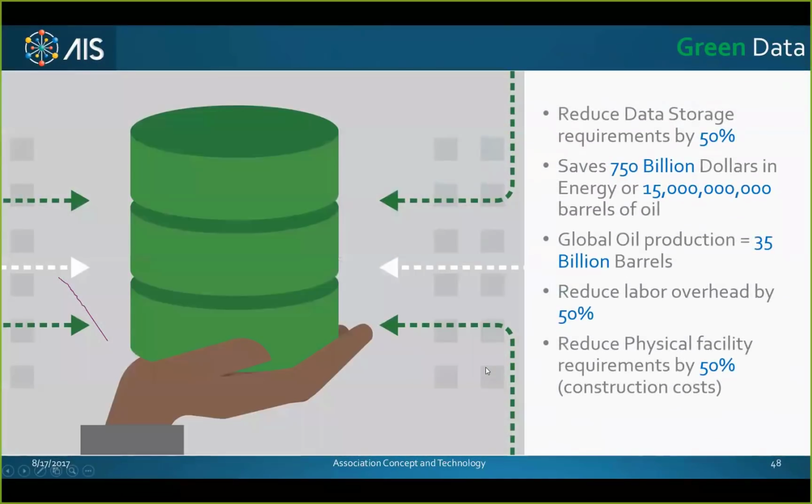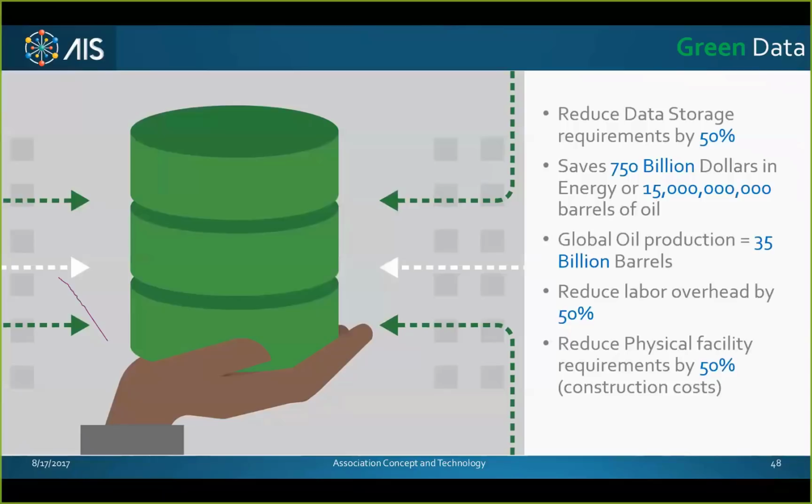What does that mean in terms of the green world? Well, if we reduce the storage requirements from 70% to 35%, that saves roughly 15 billion barrels of oil, with $750 billion. Global production is only 35.